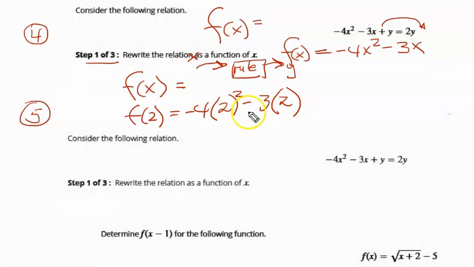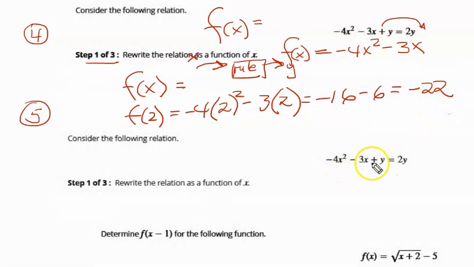So there's the work to support. Now, 2 squared is 4, times a -4 is a -16, and then -3 times 2 is a -6. So the answer to this one would be a -22.